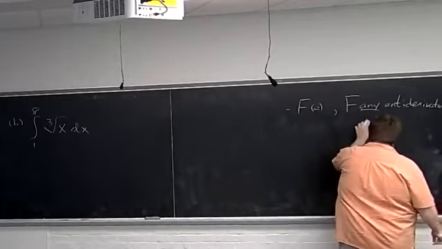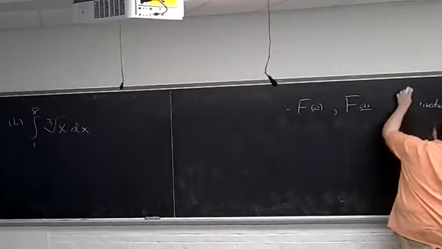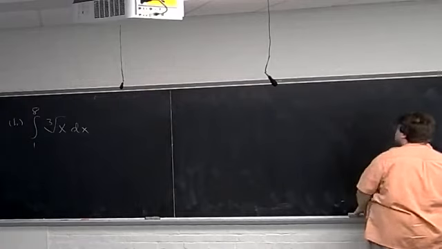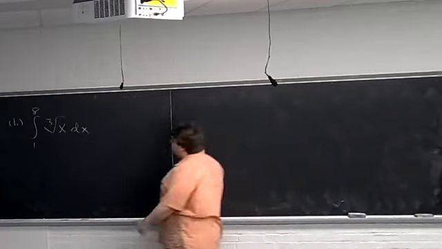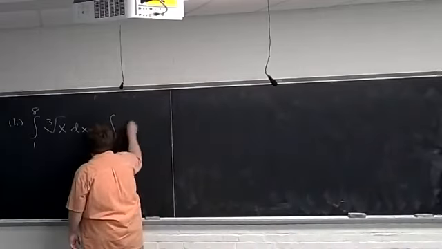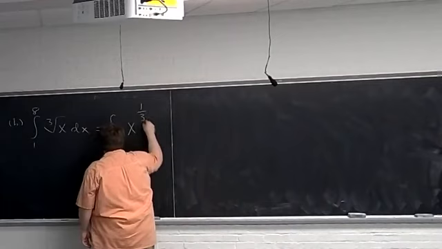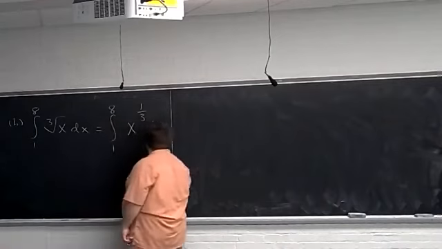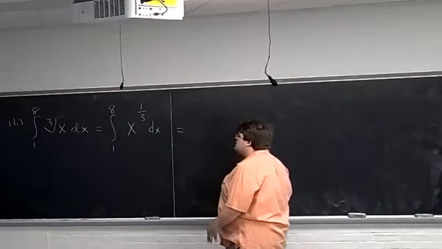How can we use the power rule? That doesn't look like a power. Well, the cube root of x is an abbreviated way of writing x to the 1/3. And now we can apply the power rule.